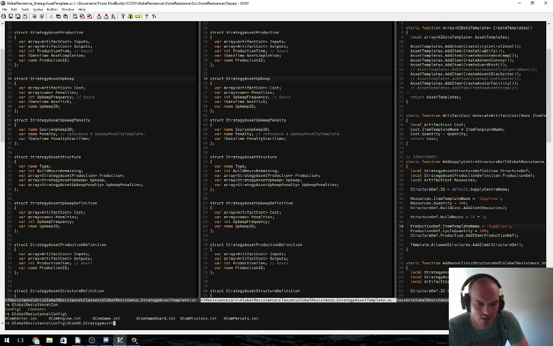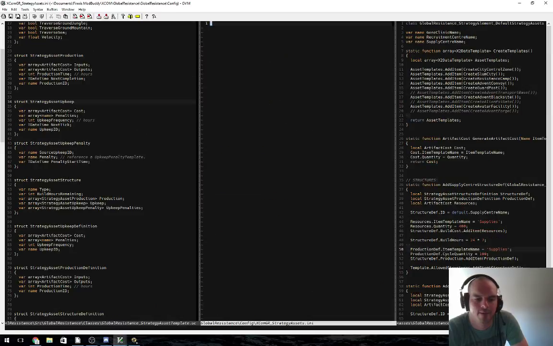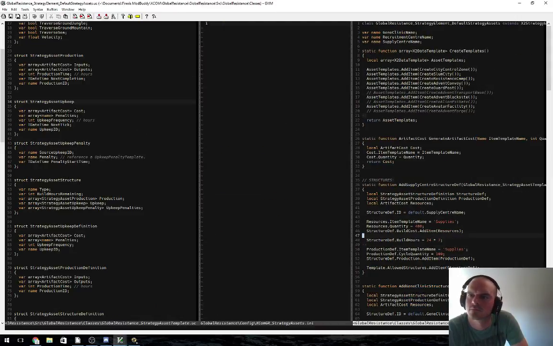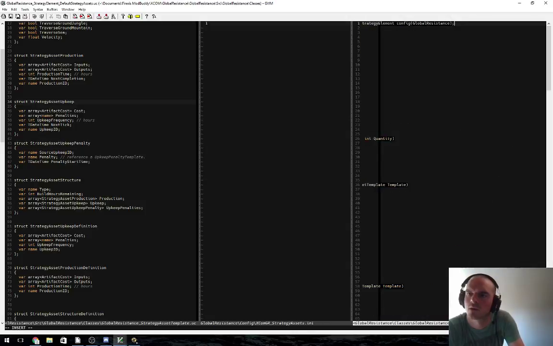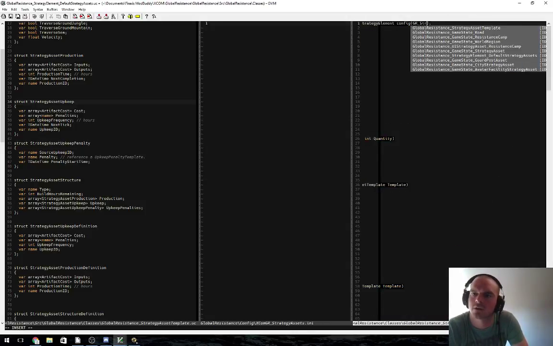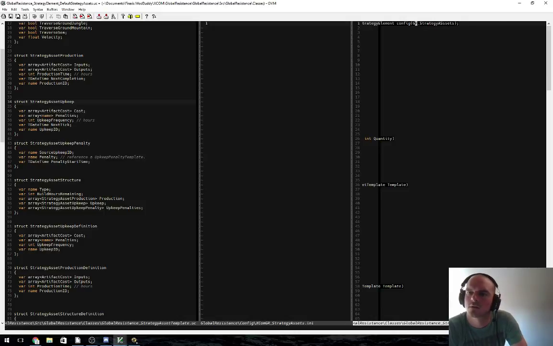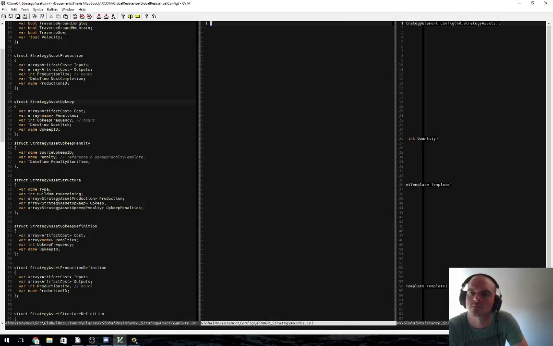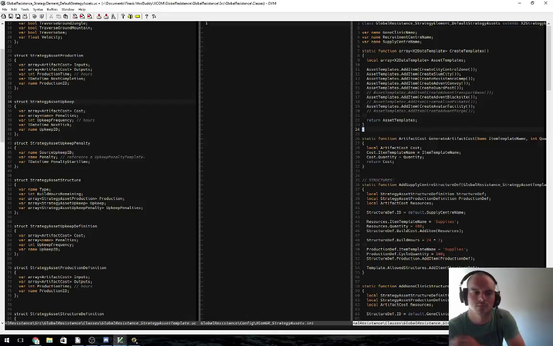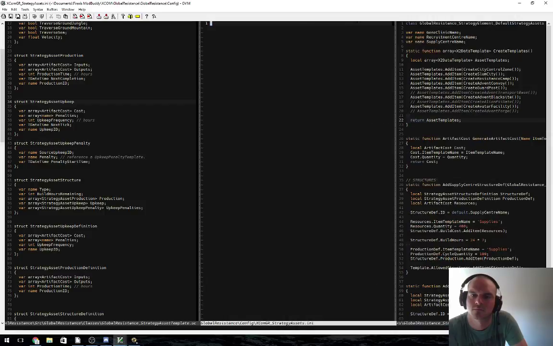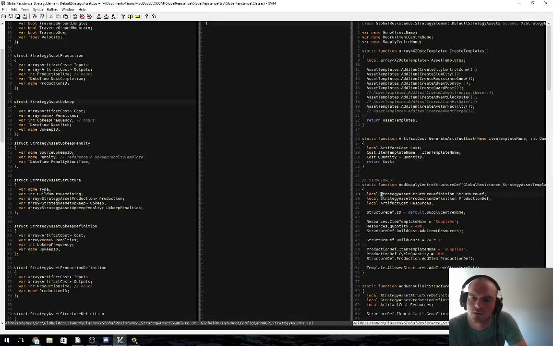GR strategy assets is the thing here. Strategy assets. Now hopefully this stuff just works. We'll see. Right, so we have a structure.